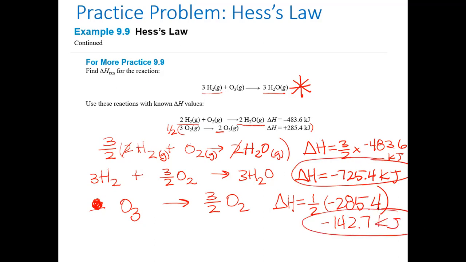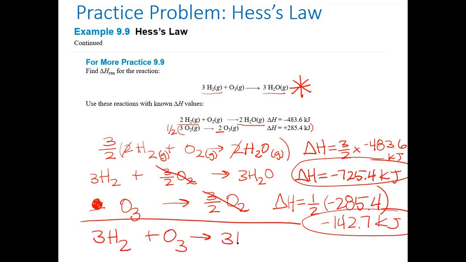There's one delta H, there's the other. All right, so then my 3/2 O2 cancels. I can bring everything else down. Okay, so then I have the equation I want from up top.